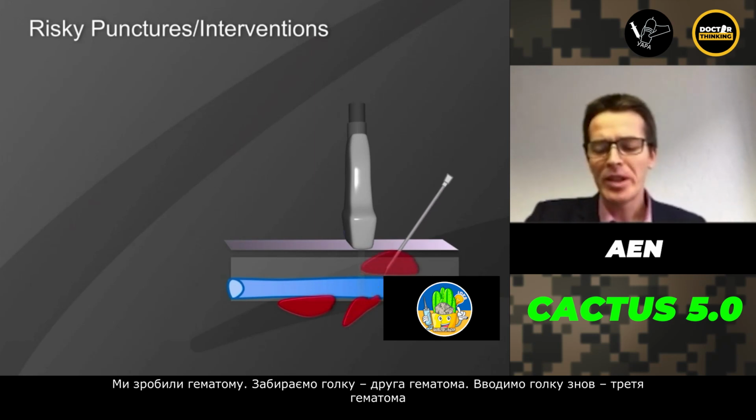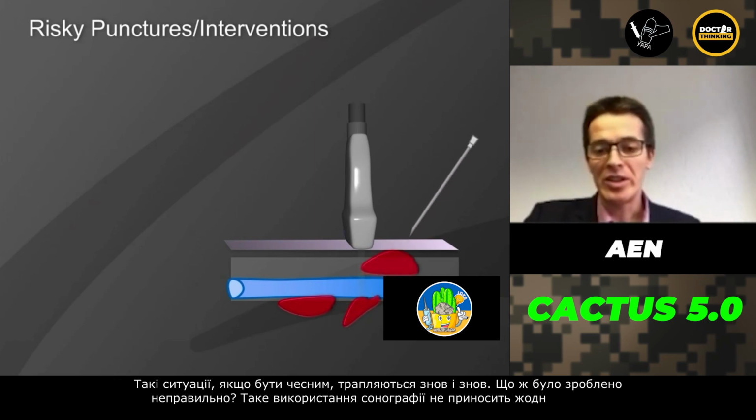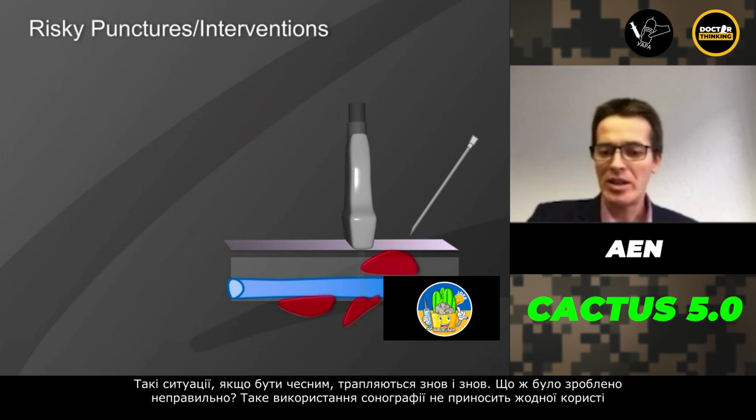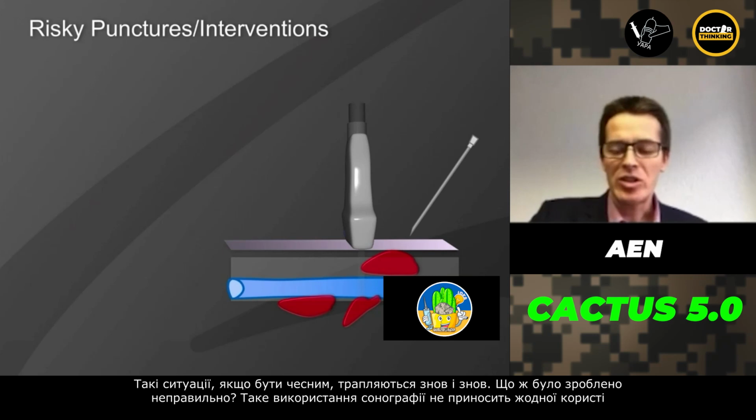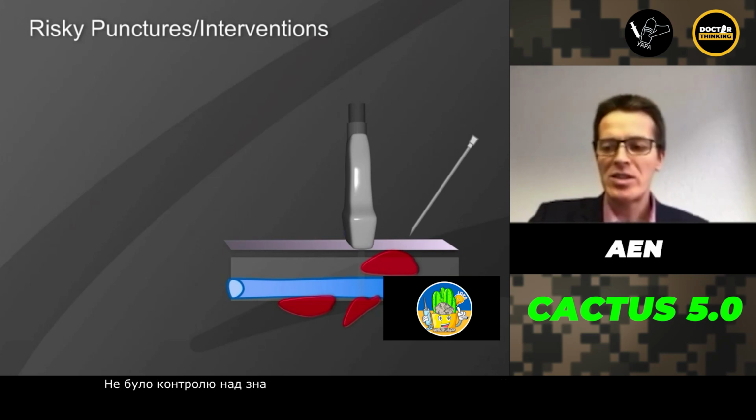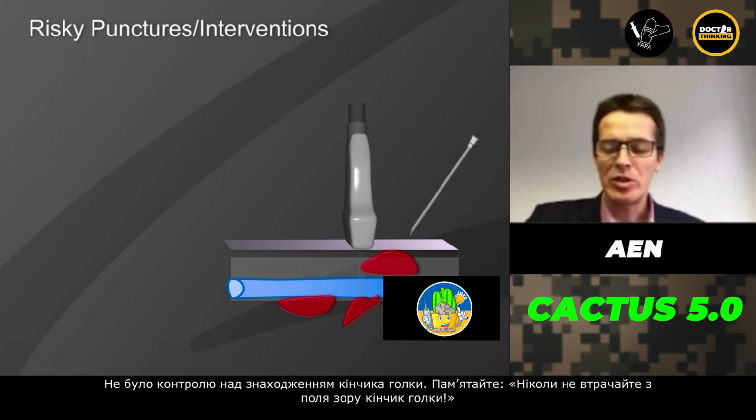This is a situation that, to be honest, happens again and again. So what was wrong here? Ultrasound as such doesn't really improve anything. In this case, there was no needle tip control. So remember, never lose your needle tip. And for this, we need methods how to actually achieve this.